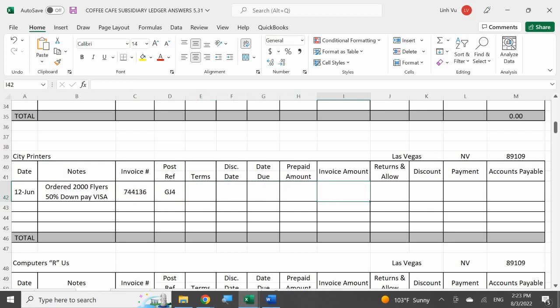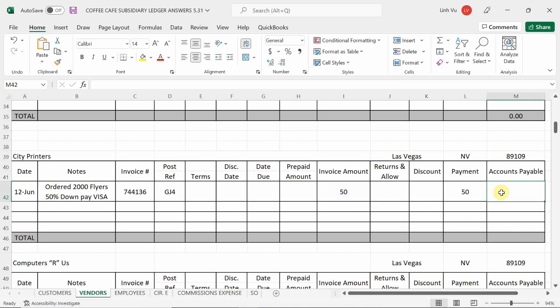And once again, we're not going to fill in the prepaid. We're going to fill in the invoice amount because we're acting as if this invoice right here told us they're going to charge us $50, right? And we paid using the Visa credit card. So right now we owe $0 to City Printers until the day we go pick up our flyers.